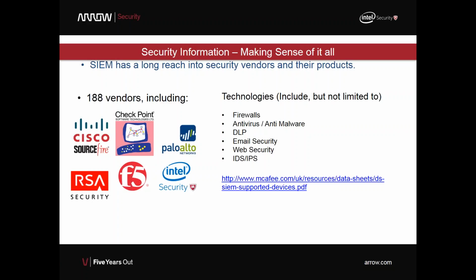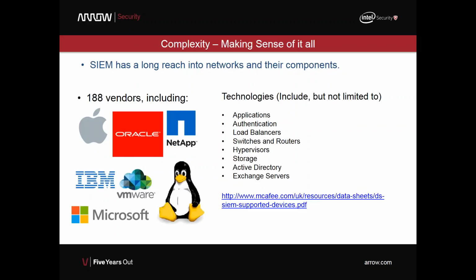The technologies for it to look at include, but are not limited to, firewalls, antivirus, anti-malware, web filtering, VPNs, all sorts of security products. And that also is the case with your infrastructure: load balancers, applications, power supplies, UPSs, mainframes, switches and routers.